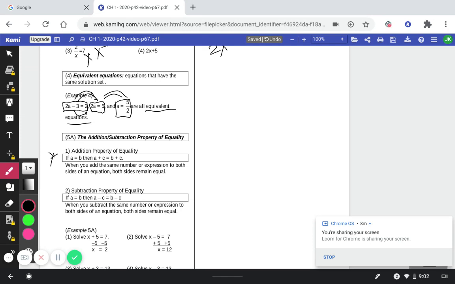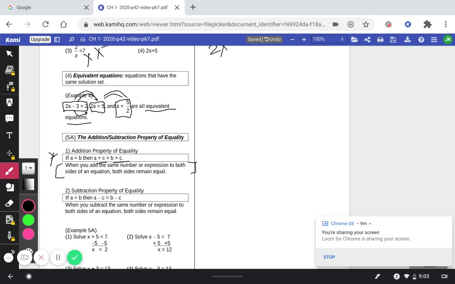The equation stays equal as long as you add the same value on both sides of the equal sign, left side and right side. When you add the same number or expression to both sides of an equation, both sides remain equal. That's the addition property of equality.